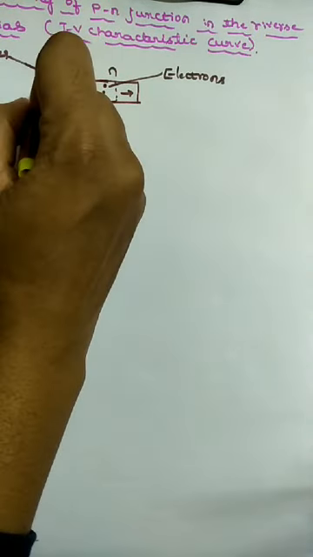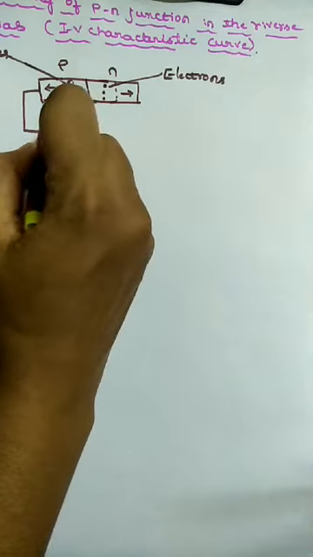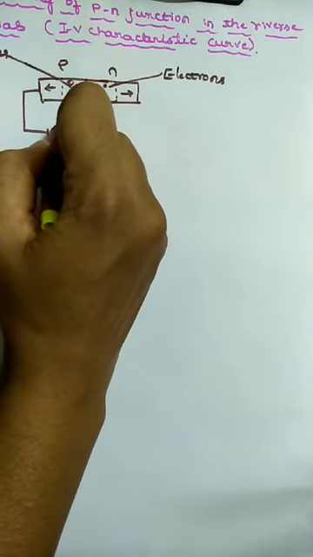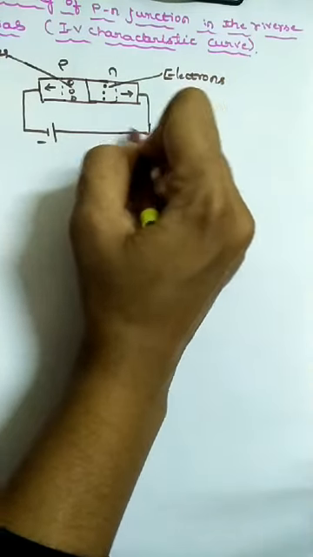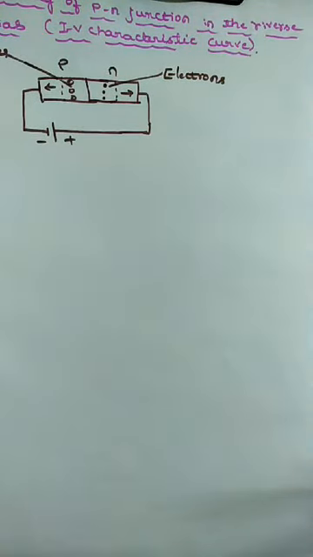Now the P side is connected to the negative terminal of the battery and the N side is connected to the positive terminal of the battery. Therefore the diode is reverse biased.